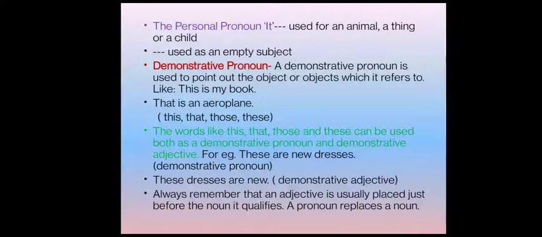Now children, let us talk about the personal pronoun it. It is used for an animal, a thing or a child, and it is also used as an empty subject. Okay, for an animal, thing or a child we use what? It.